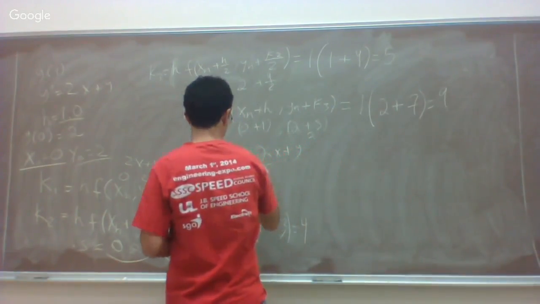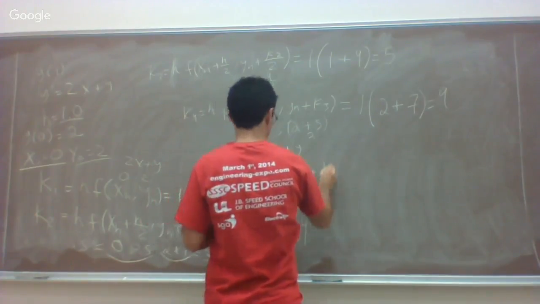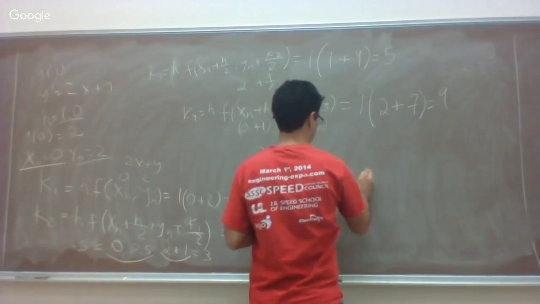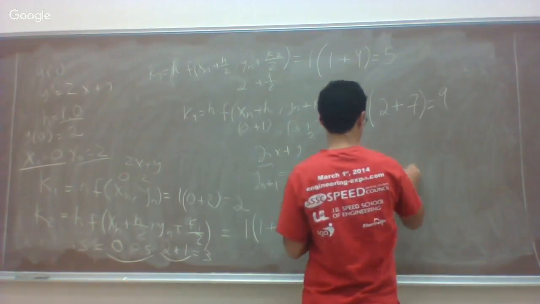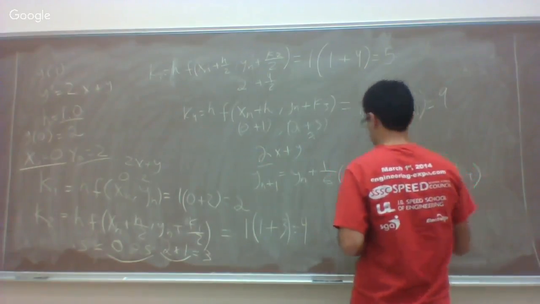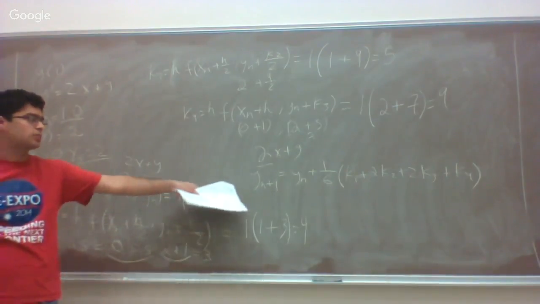My overall equation for y sub n plus 1 is equal to y sub n plus 1/6 times the quantity k1 plus 2 times k2 plus 2 times k3 plus k4. So they give you this equation to find y sub n plus 1.